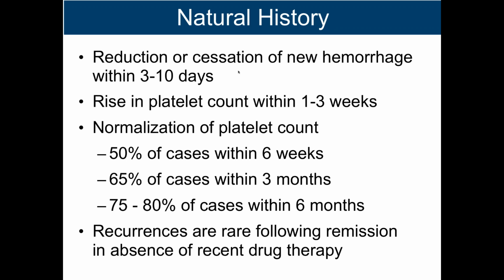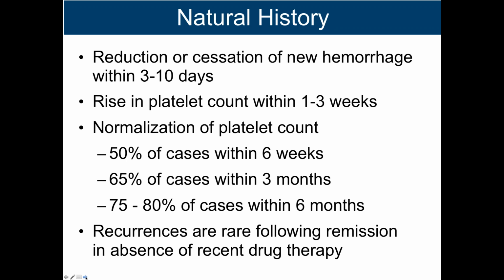Unfortunately, at this time we don't have very good predictors of which patients are going to have normalization at which time points, but we should be encouraged that overall this is a very acute process in children. And recurrences are rare following remission in the absence of any drug therapy. So I do tend to reassure families that once this goes away, it's very unlikely that it would ever come back again.